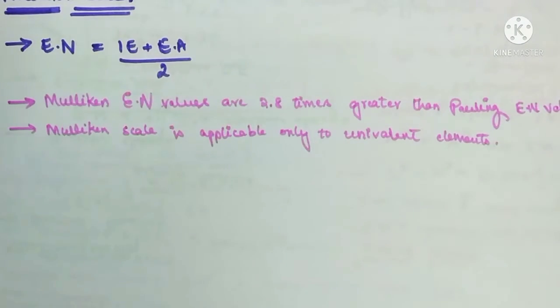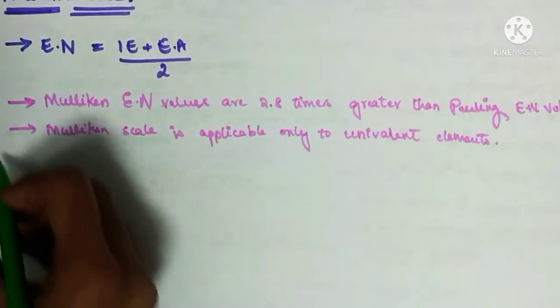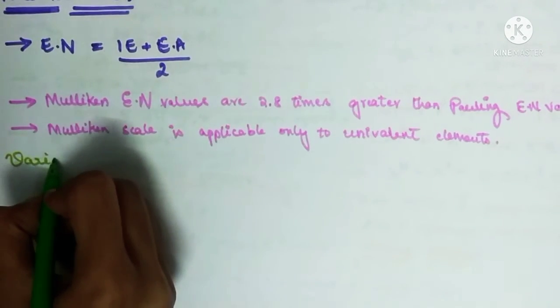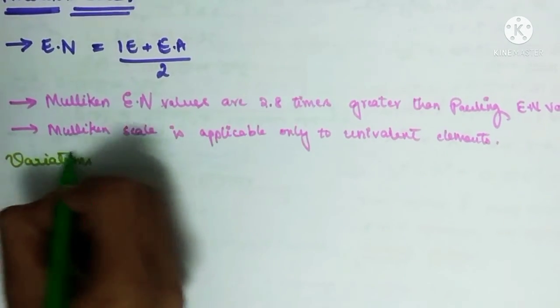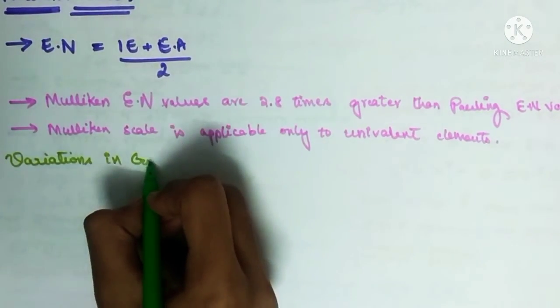After the Mulliken scale, now we'll learn about the variations in groups and periods.